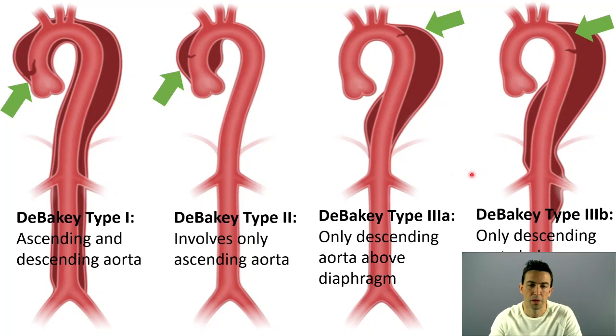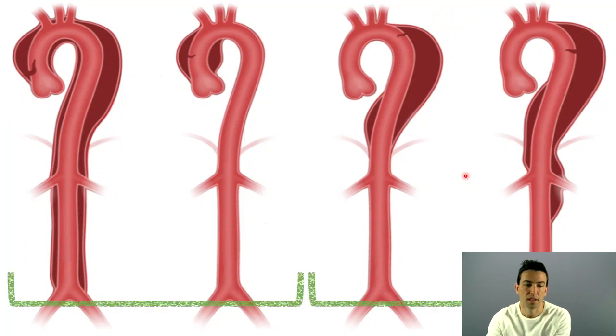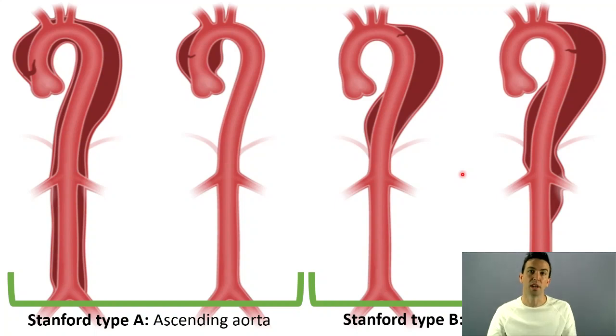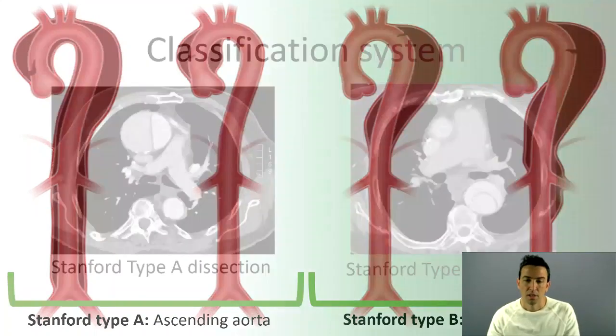This is probably the more complicated definition or criteria of aortic dissection, which is why I typically like to memorize the Stanford criteria, which is really just type A for ascending, and B for descending. Lots easier to remember, and that will come important later when we talk about treatment as far as how we treat ascending dissections versus how we treat descending dissections.